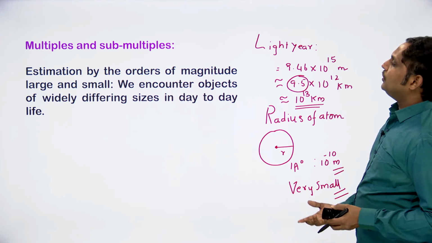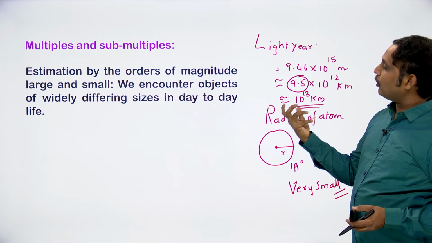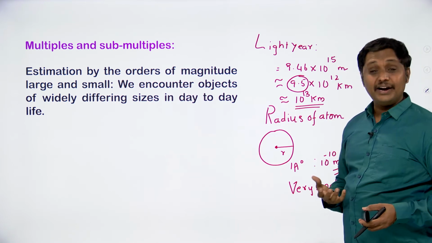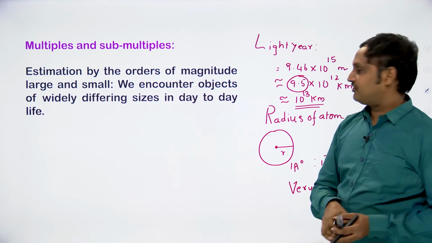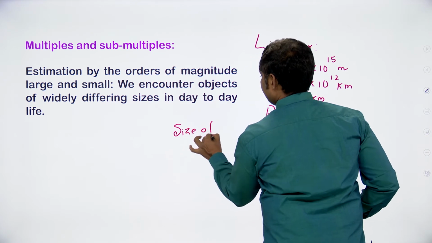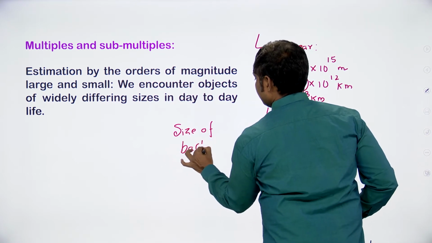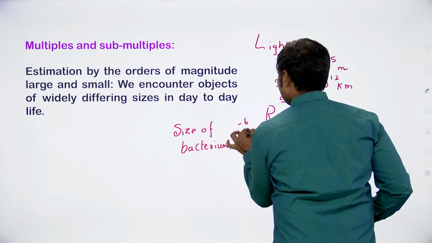That is how you get the estimation by the order of magnitude, large and small. We encounter objects widely different in their sizes. If you want to measure the size of a bacteria, you have to take that its order is 10 power minus 6 meter.